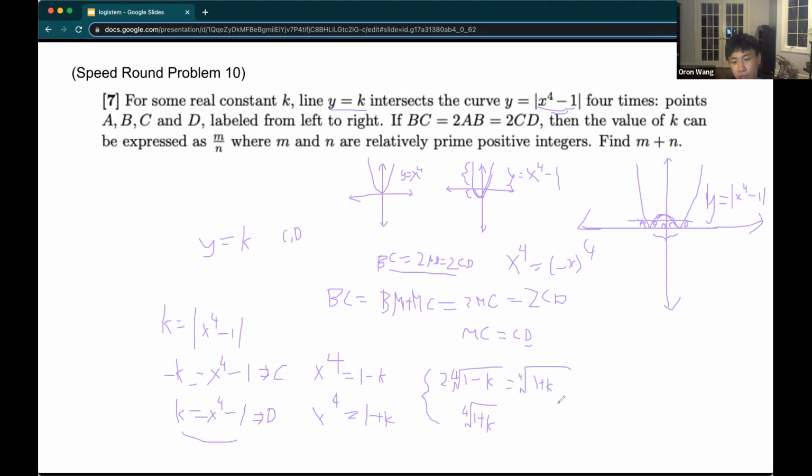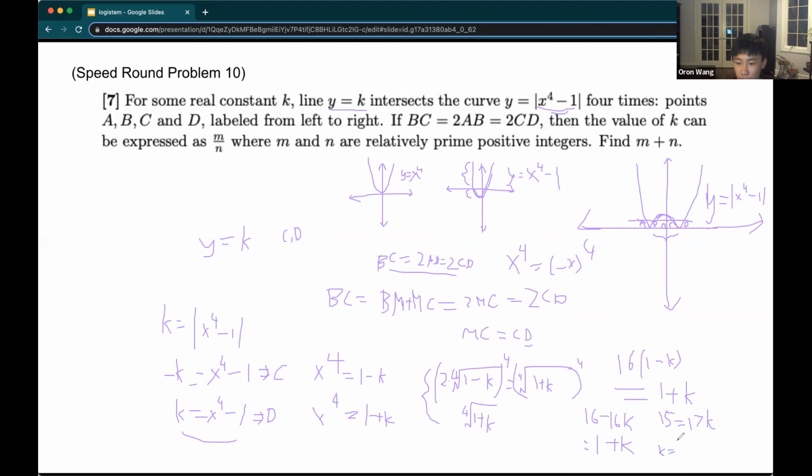So now we solve this equation. We take this to the 4th power. You get 16 times 1 minus k equals 1 plus k. 16 minus 16k equals 1 plus k. 15 equals 17k.